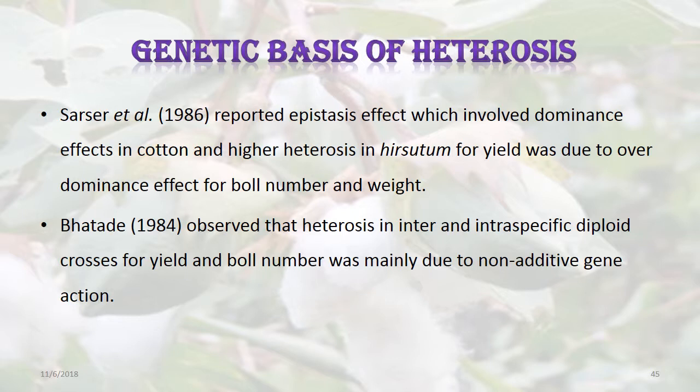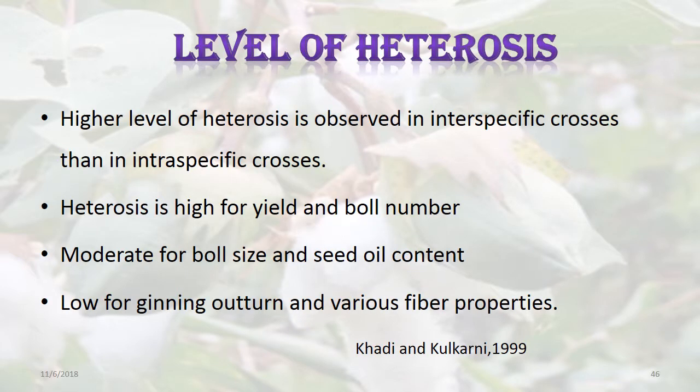Bhattade during 1984 observed that heterosis in inter and intraspecific diploid crosses for yield and boll number was mainly due to non-additive gene action. Second step is level of heterosis. Higher level of heterosis is observed in interspecific crosses than in intraspecific crosses.